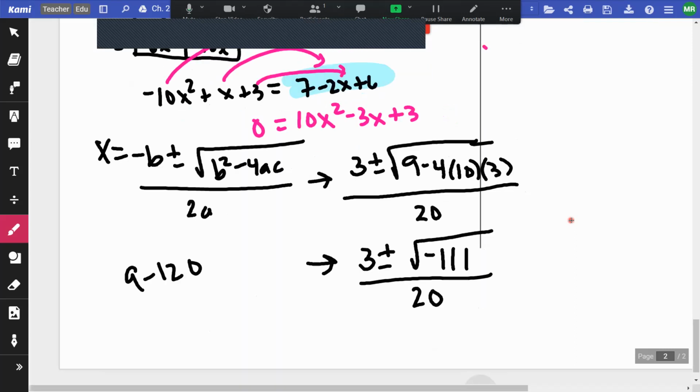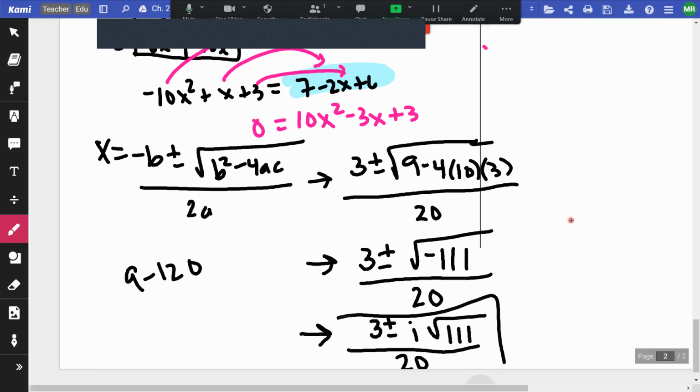And we cannot take the square root of a negative and get something real, but you can get an imaginary answer. So I'm going to write it as 3 plus or minus i root 111 over 20. And that's our answer. Not pretty, but that's our answer.